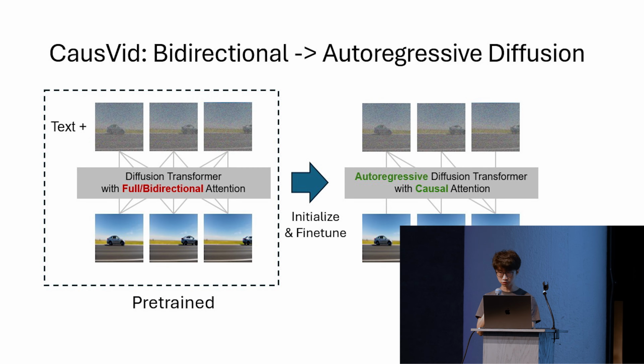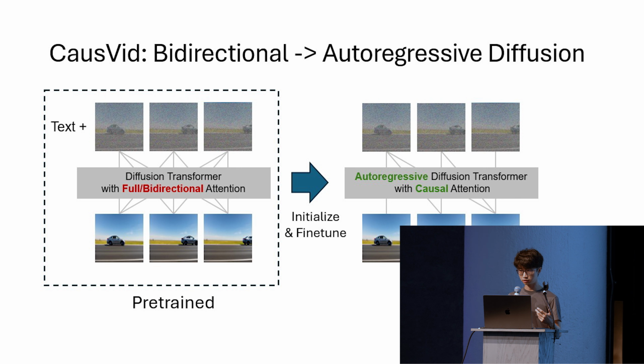The first work we pushed in this direction is CausVid. Given a pre-trained video diffusion model, trained on internet video datasets with full bidirectional attention, we found that we can initialize the model with the weights from the pre-trained bidirectional diffusion transformer, but just change the attention mask.